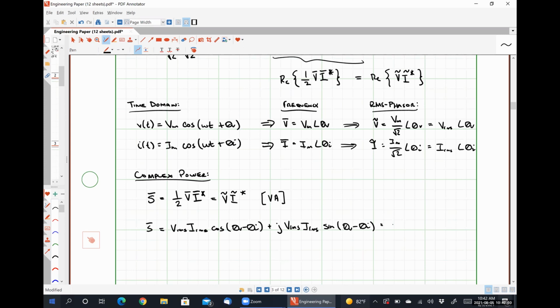Or in polar form, it's simply V RMS I RMS angle (theta V minus theta I).